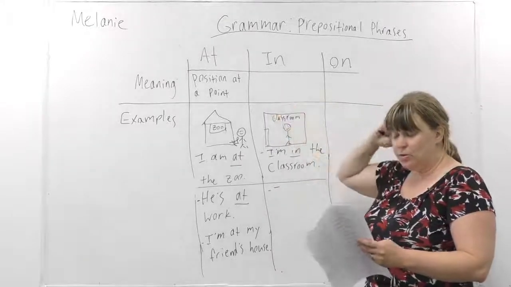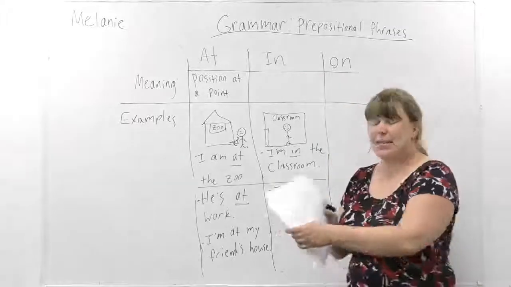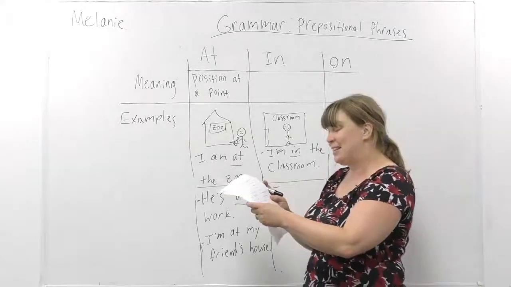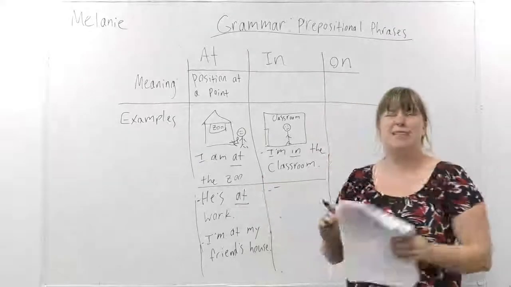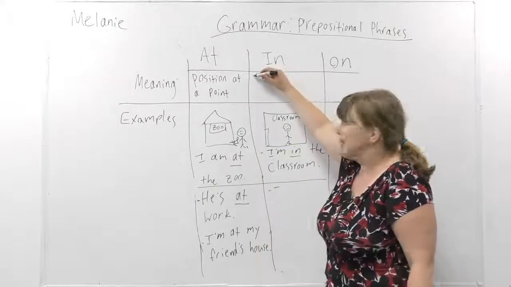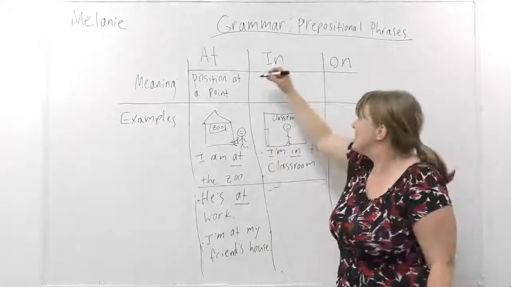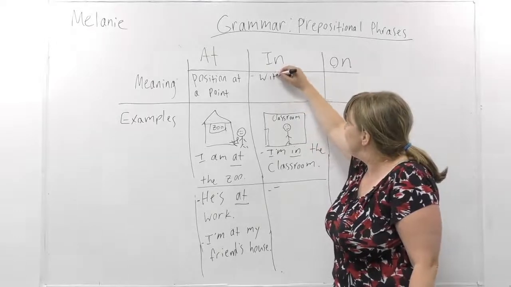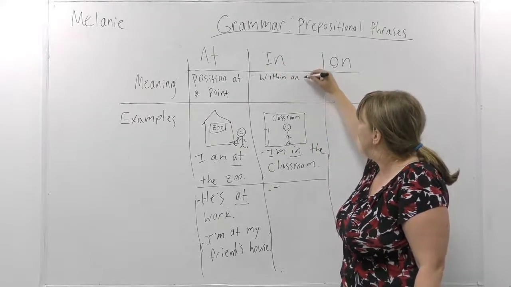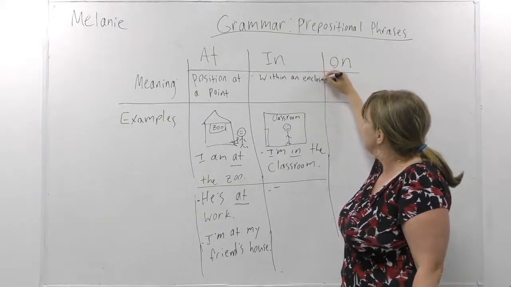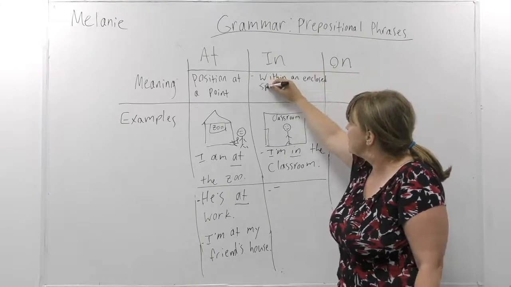Okay, and so when do you use in? Here it says places seen in 3 dimensions. That's a funny way to say it. So I'm just going to say within an enclosed space.